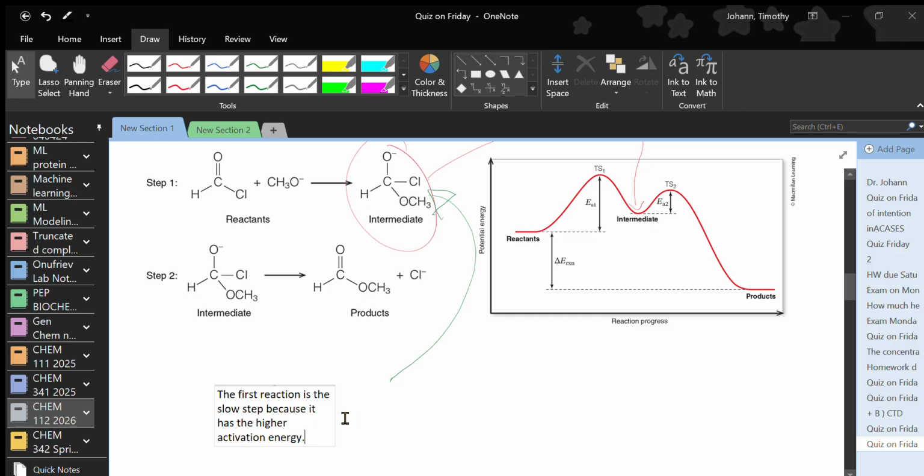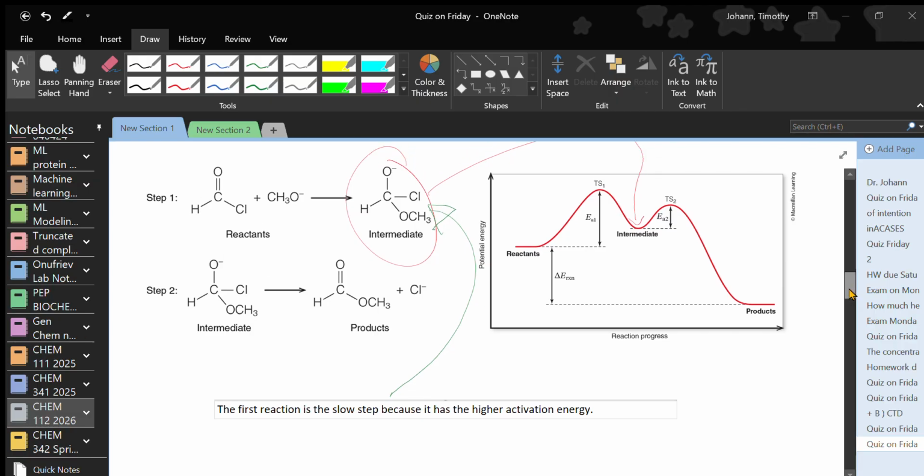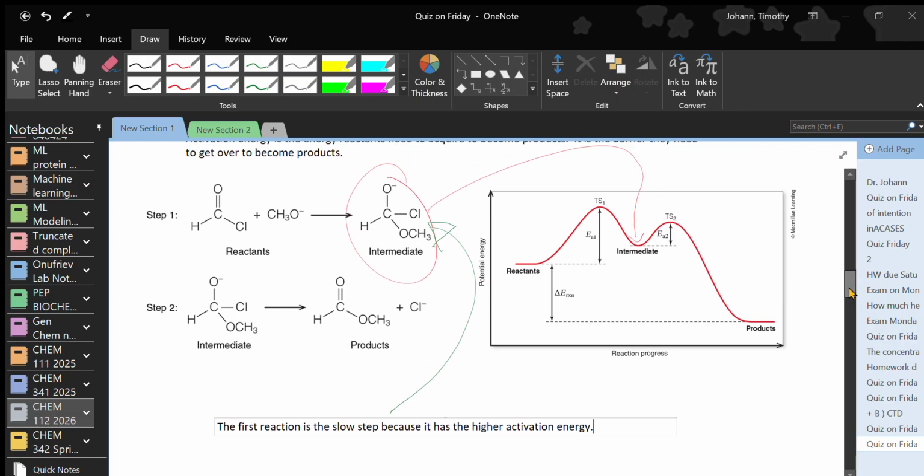Okay, so it's a slow step because it has the higher activation energy. What's the rate law for this look like then? Go ahead and try and write the rate law real quick.